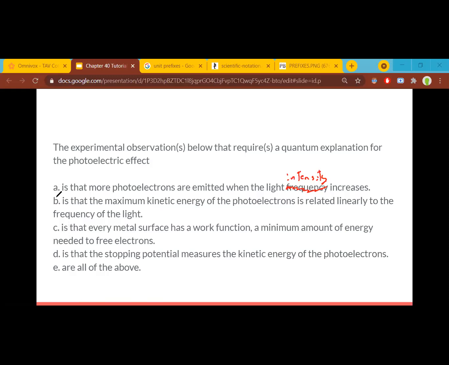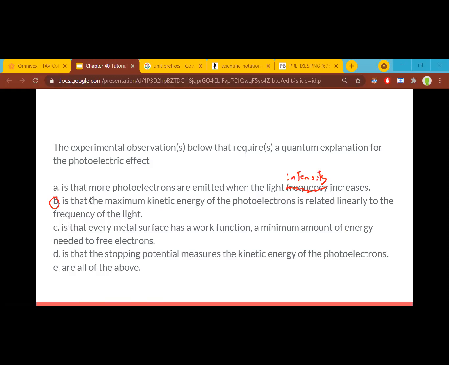So if you're thinking B, you're correct. Basically, you're looking for an option here that cannot be explained by classical physics. A, C, and D all don't really have any notion of quantum mechanics in them.